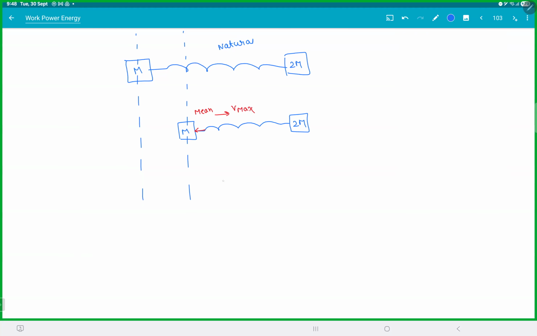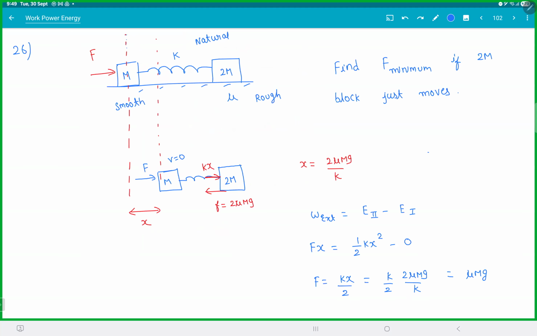This block will continue to push forward. You will reach somewhere here. So at the maximum compression, I want the block to move. So this would be your x max. I hope this is clear. Block will never stop at the mean position. If you are gently placing it, that's a different story. But if you are just pushing it and leaving it, it is not going to stop there. Clear this? Let's see one more. Any doubts on this?